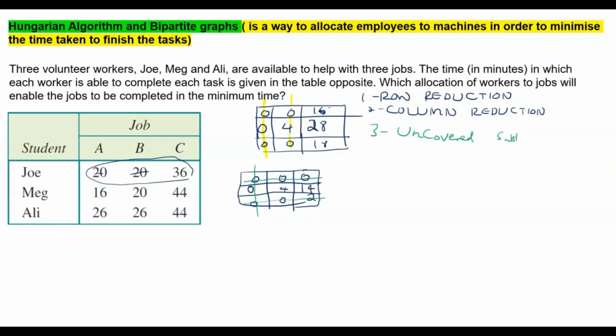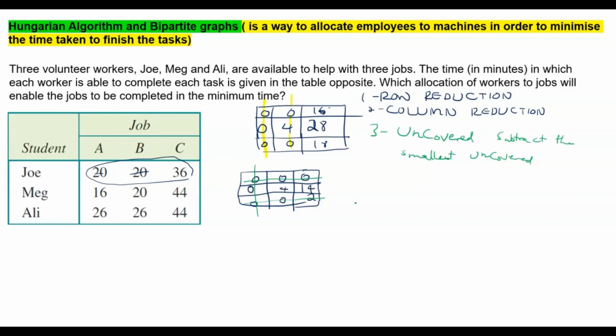These are not covered, so in this case we only have 4 and 14. This 4 is the smallest, and where there is a cross, we add 4 to it.